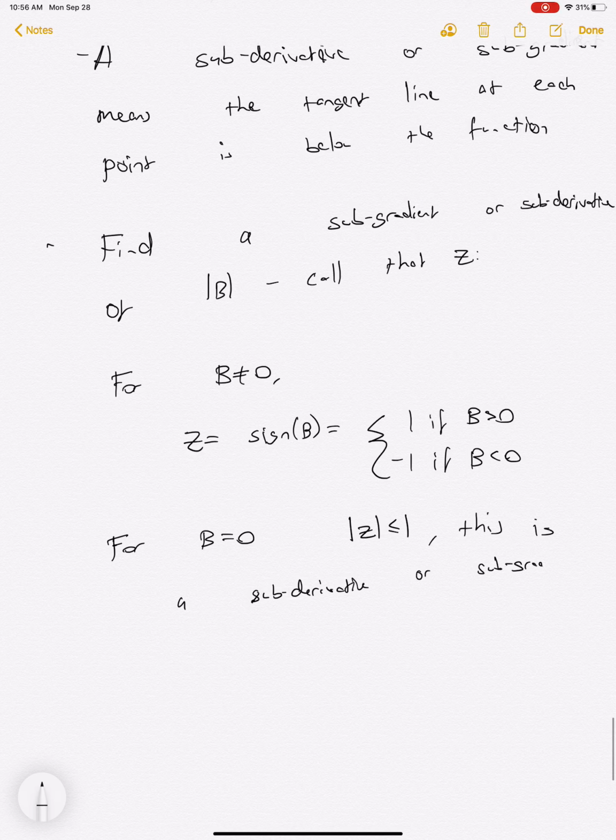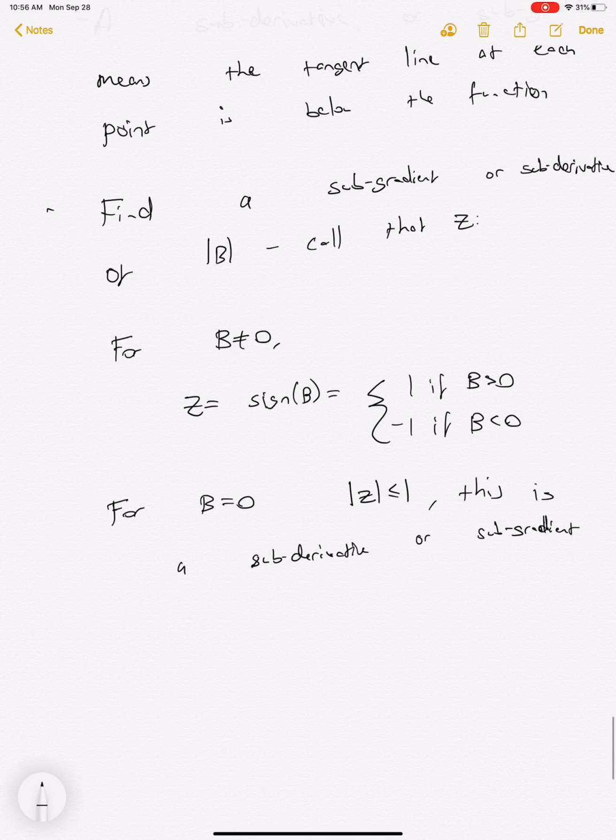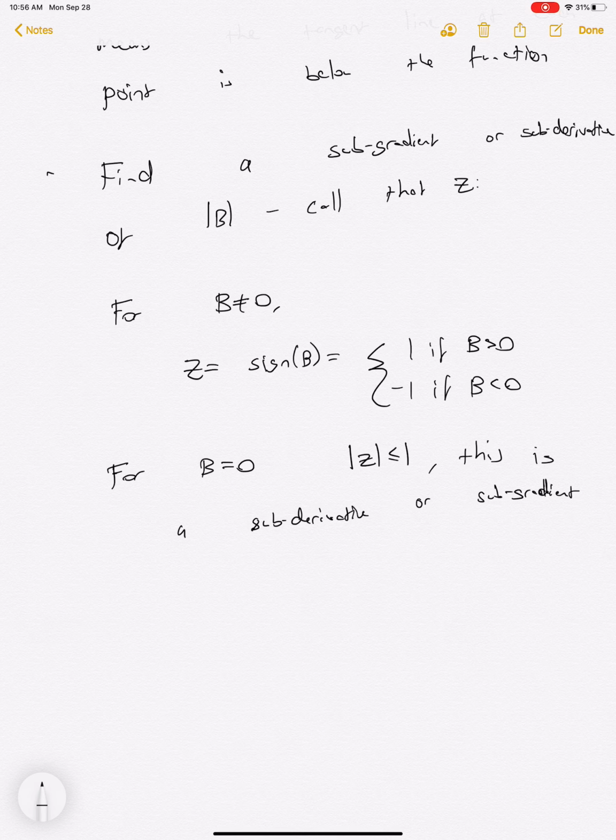In the next lecture, I'm going to provide a more rigorous definition. I wanted to first provide intuition for where this is coming from. So we're just going to let z be a subderivative of the absolute value of b.